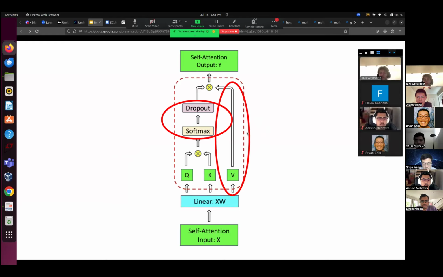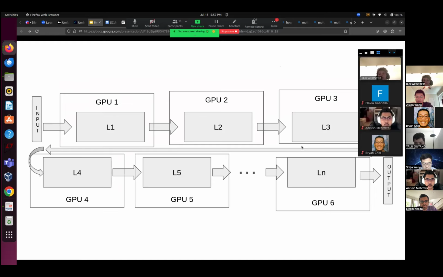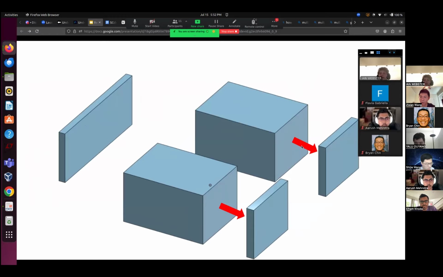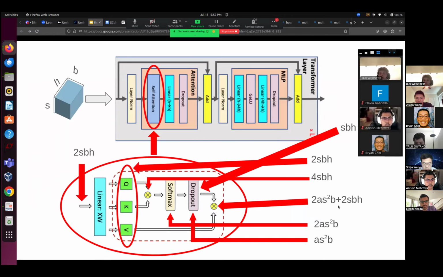However, empirically, we'll discover that it is even faster to recompute the S squared term, because the S squared term is Q multiplied by K transpose, and you only need very little memory to store, for example, Q and K independently, instead of storing their output, which is S squared. Right, so by doing the recomputation, it's even faster and it takes less memory.